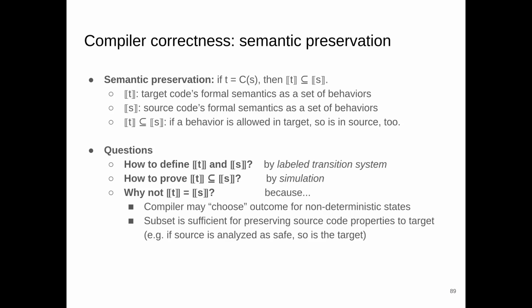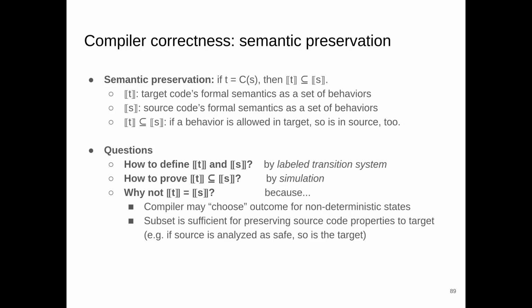So source and target are two programs, and let's say that the target is the result of a compiler when the source S is given. So let's say that C is a compile function, S is a given source program, and T is a target program, which is the result of this compilation.